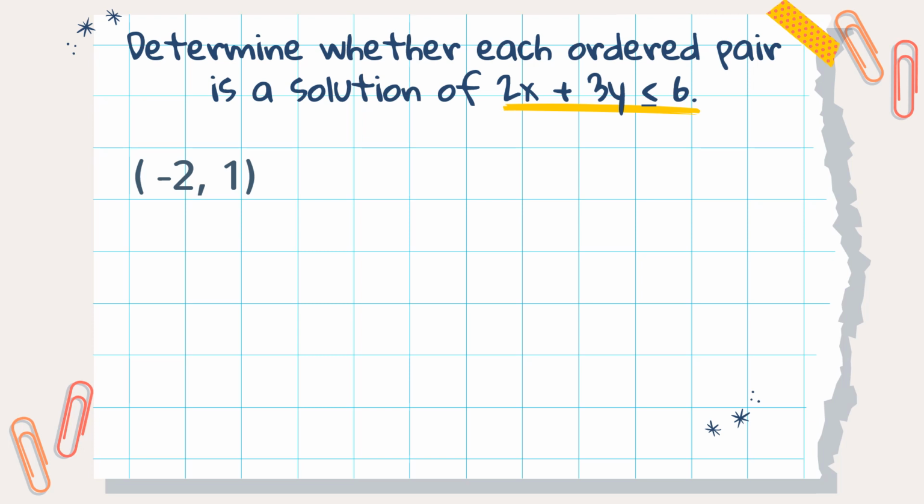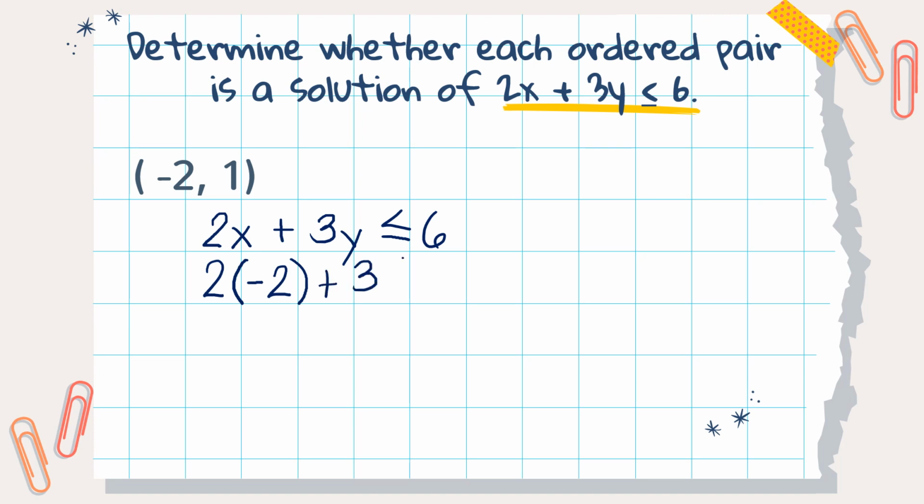Similar to what we did for the linear equation, we simply substitute the values of x and y given in our coordinates. In this case, the value of x is negative 2, so we have 2 times negative 2 plus 3 times 1 is less than or equal to 6.